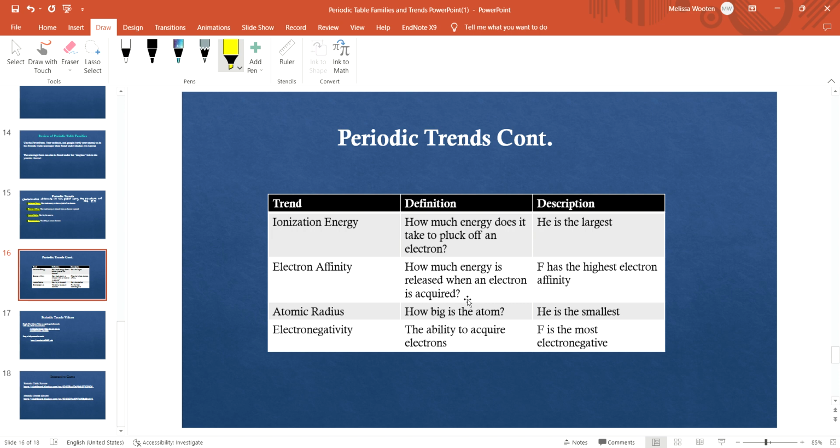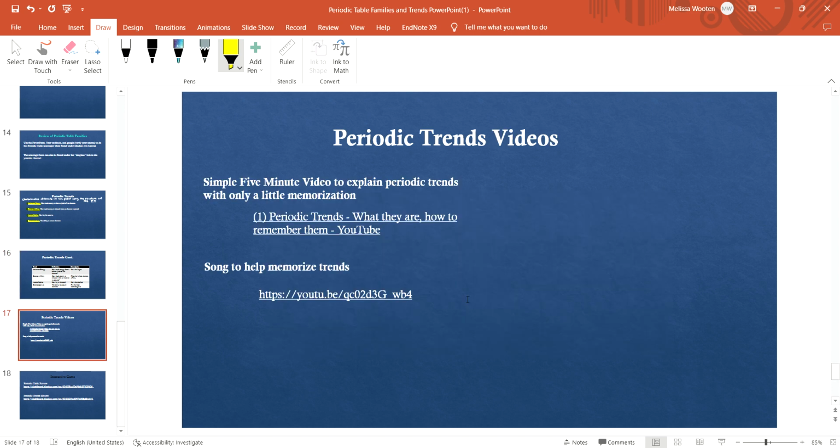But really quickly, just to summarize that video a little bit, I'm going to pull out a chart. This is something else you can use. You can just Google illustration of the periodic trends, like I did up here, and you'll find this type of chart if you find this more helpful.